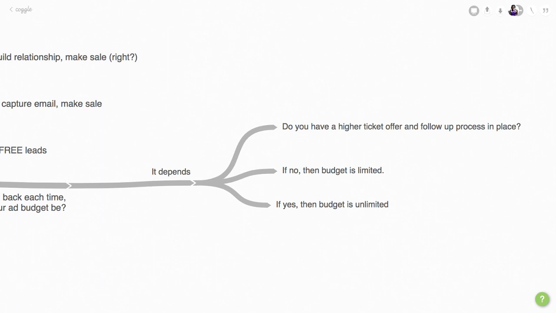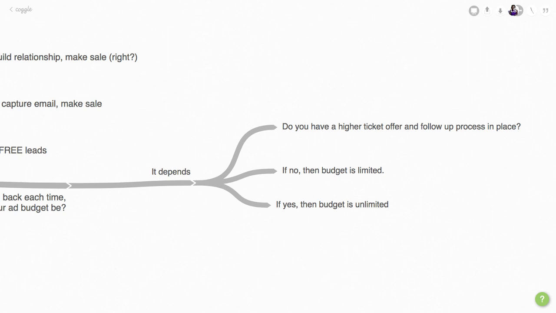Even if you spend $1 and only make $1 back right away, or even if you spent $1 and only made 80 cents back right away, where you're getting leads for 20 cents instead of $1, your budget should still be unlimited, because that higher ticket offer and that follow-up process is going to allow you to make sales with all of those free or very, very cheap leads that came in. Okay.